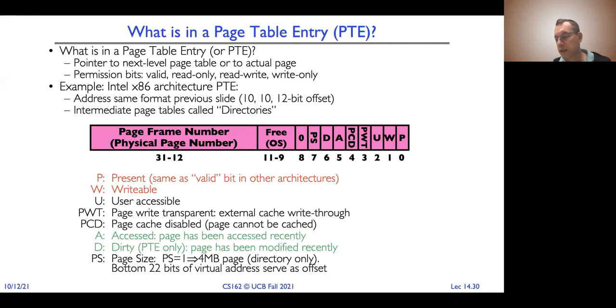You want to know whether the page was accessed recently and whether it's dirty, whether it was written, and the associated physical memory was not updated. So you need to know about that.